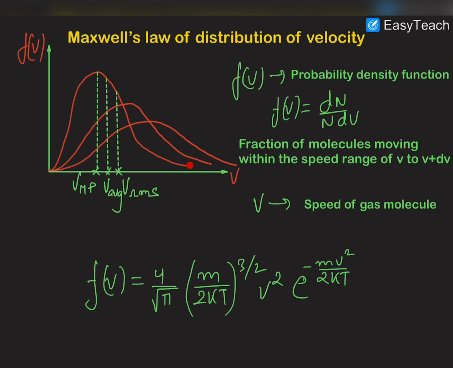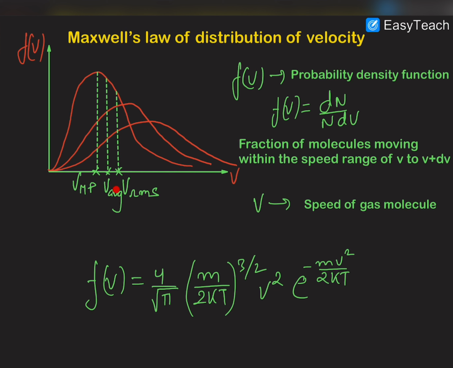Now you can also see that the peak of the graph represents the highest fraction of molecules which are moving with this speed. So the speed at this peak is called the most probable speed, because as the name suggests, it is the most probable speed by which the most number of molecules are found to be moving.